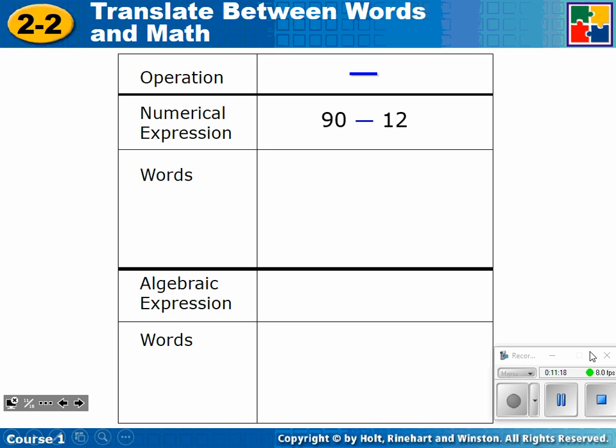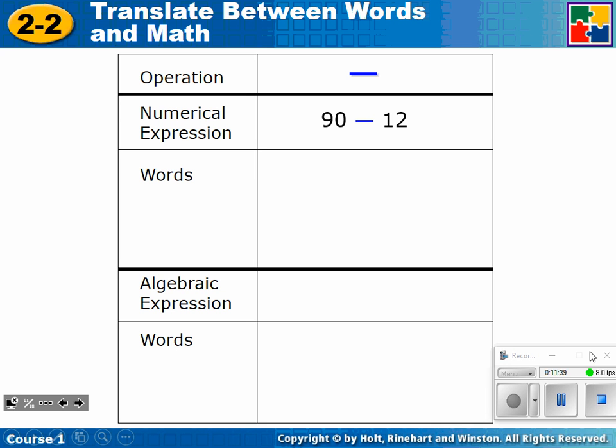Be careful about the order, because that's different. How about 12 less than 90? Yeah, we got to be careful about the order, because subtraction makes a big difference. So we can say 12 less than 90. What's another thing you could do?